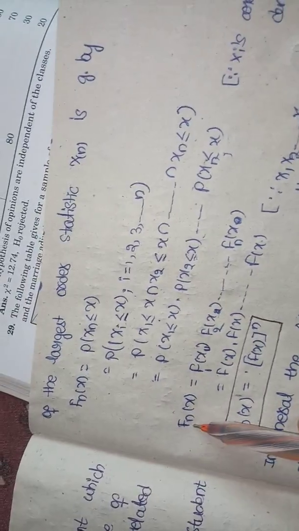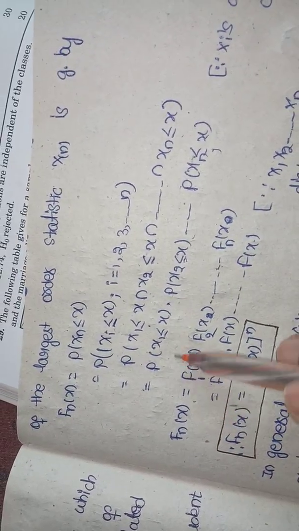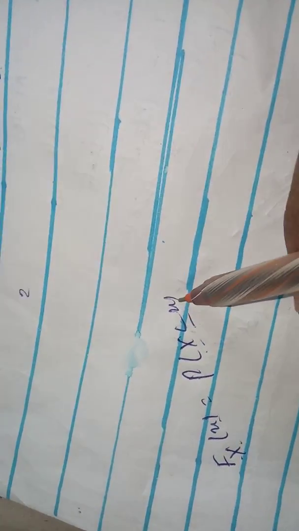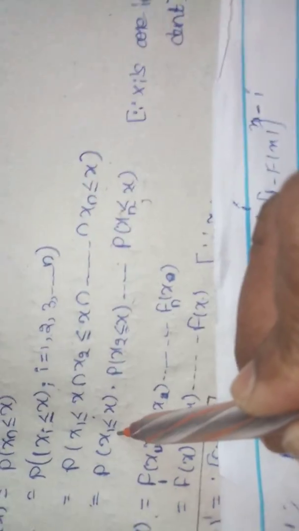Therefore, our LHS is F_n of x equals P of, according to the definition F_X of x equals P of X less than or equal to x, X1 less than or equal to x.